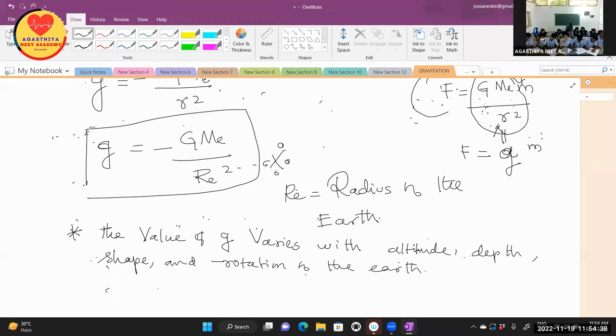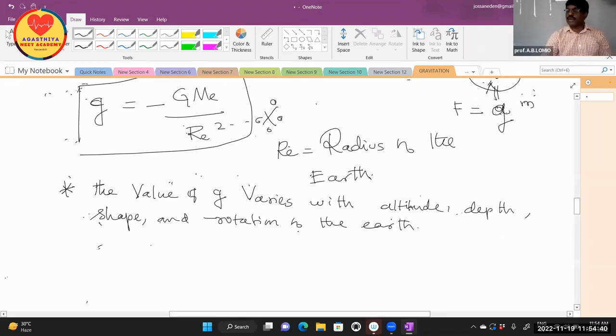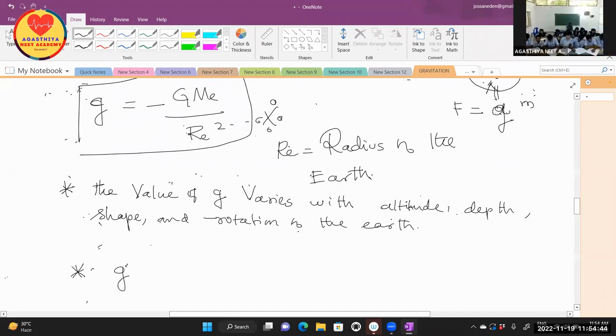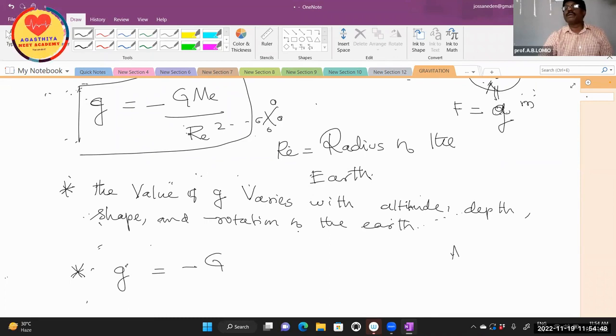The g can be expressed in terms of density. How to find out the mass of any body? When you multiply the density with volume, it will be equal to mass, because density is mass per volume.